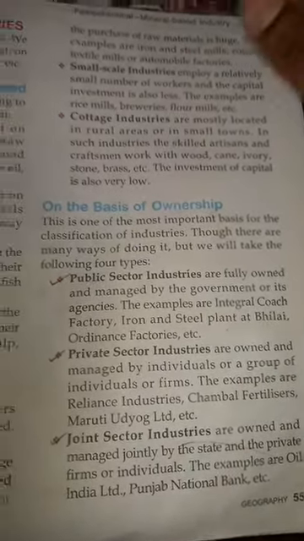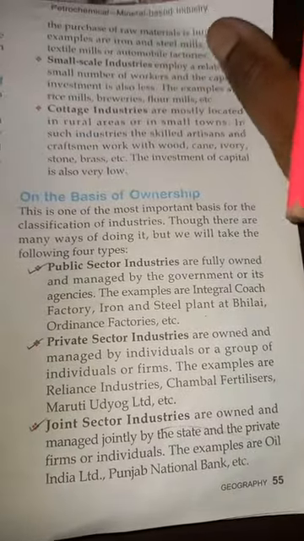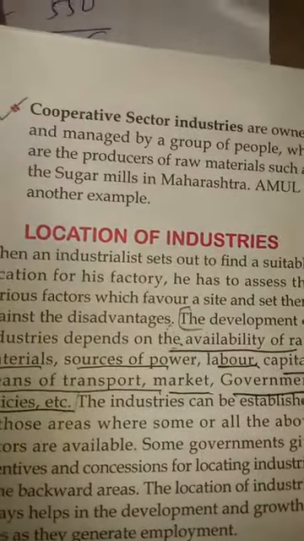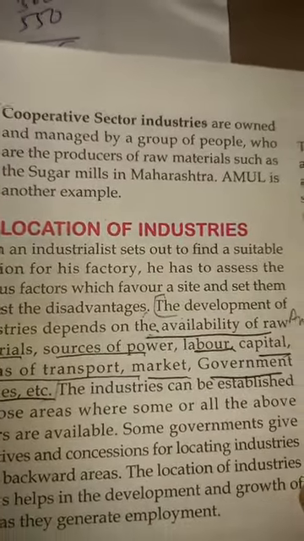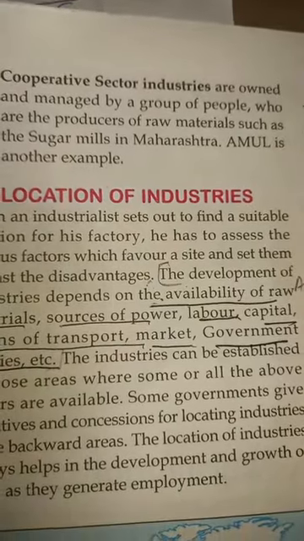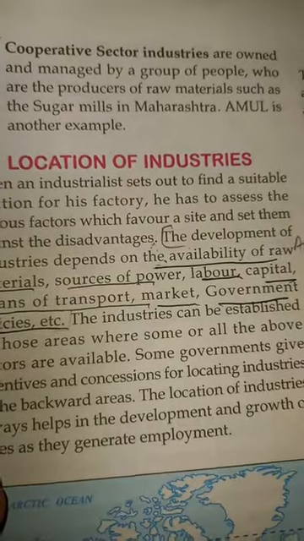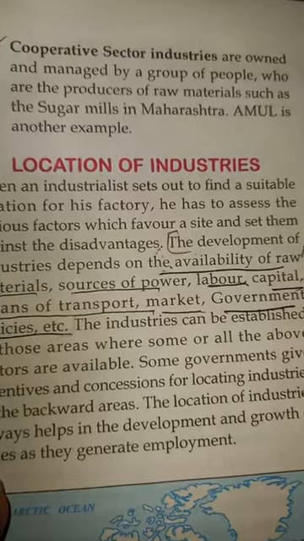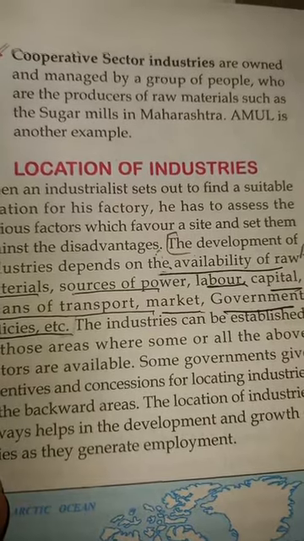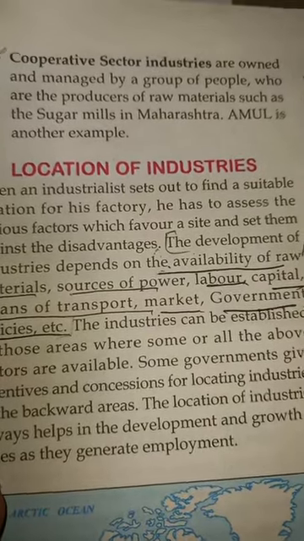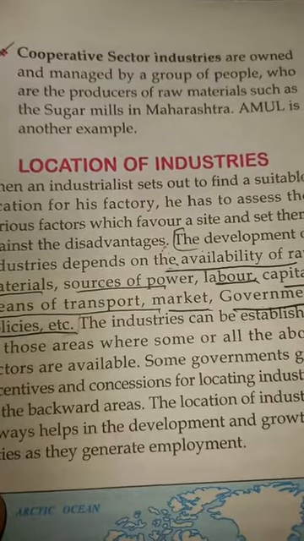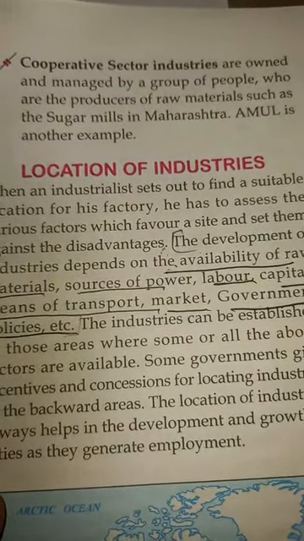Examples are Oil India Limited, Punjab National Bank, etc. The fourth one is the cooperative sector, where industries are owned and managed by a group of people who are the producers of raw materials, such as the sugar mills in Maharashtra, and Amul is another example.